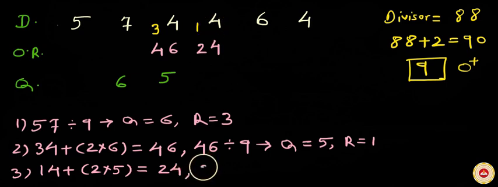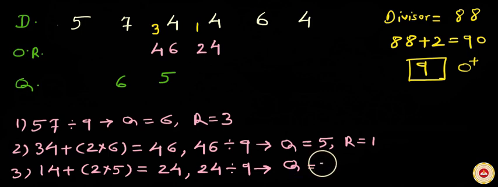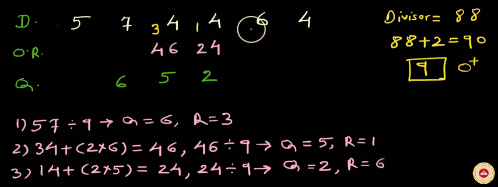Now divide this 24 by osculator 9, which gives quotient 2. 9 2s are 18 and the remainder is 6. Correct? So write quotient 2 below 24 and write remainder 6 as a prefix to the next digit in the dividend, which is 6. Now read this as 66.